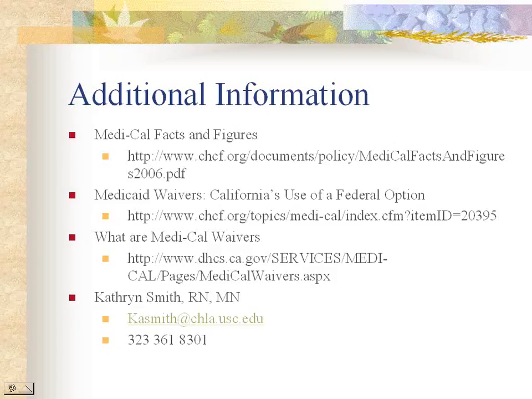So if you click on In-Home Supportive Services Plus waiver on that website chart, it'll tell you the type of waiver, the eligibility requirements, what services are provided, what the funding source is, what the enrollment cap is, what the waiver term is, and then links for any additional information that relate to it. So it's actually a very cool website if you're looking for very specific information about a waiver.